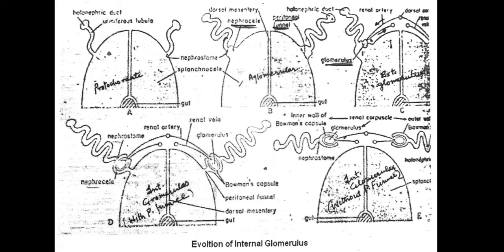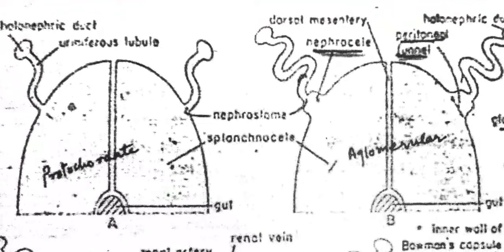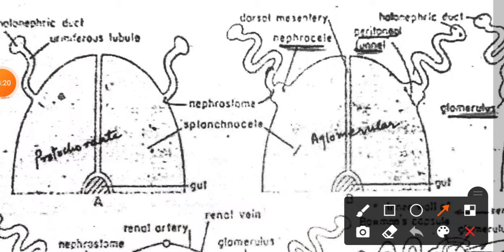If I take the very first case into account, this stage is of the protochordate, the very first stage. Here you have the holonephric duct. This duct is actually the longitudinal canal which makes up this particular duct.